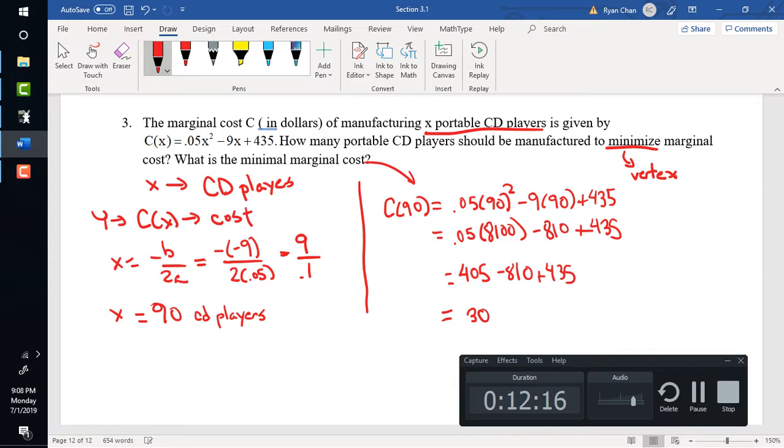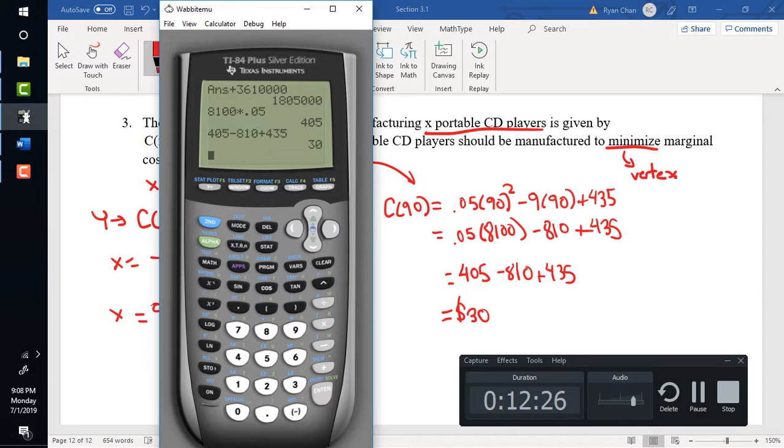It'll be 30. So that is my minimal cost. That is my final answer. Okay. Now, let me show you if you want to double check.